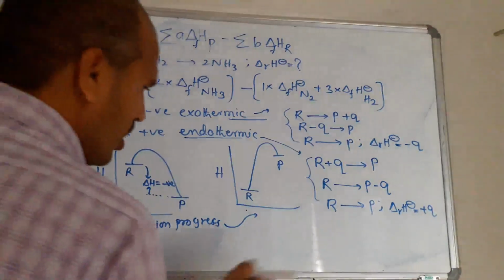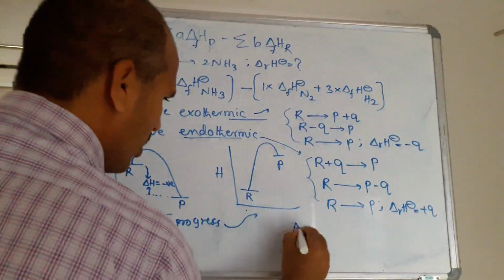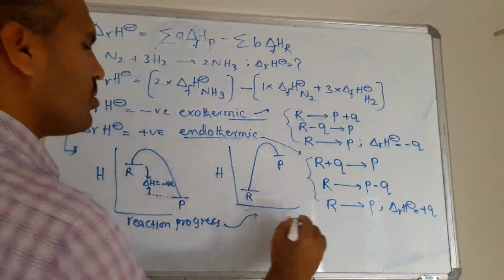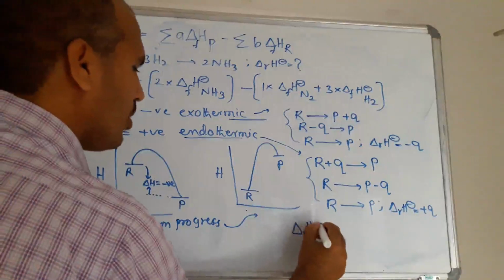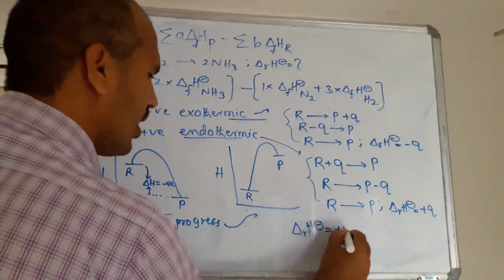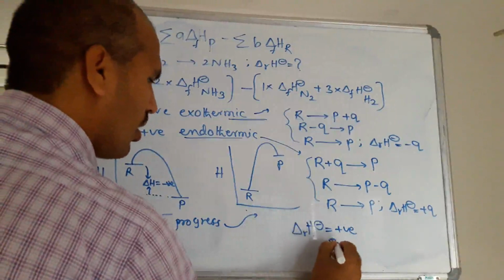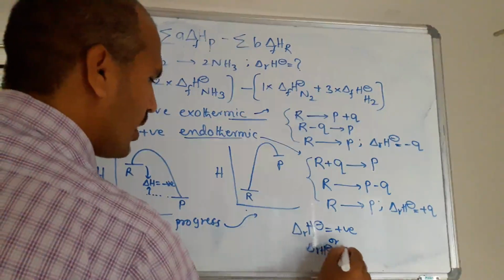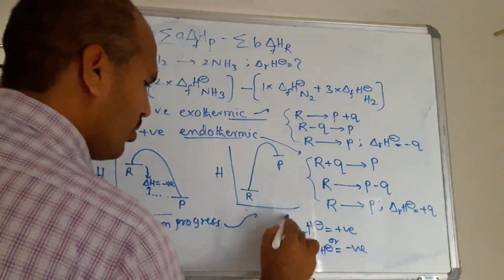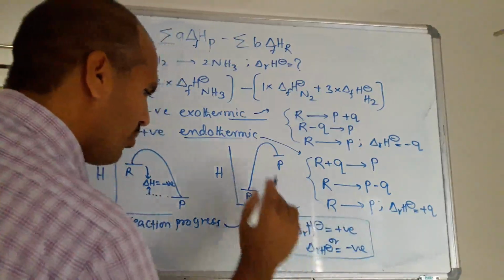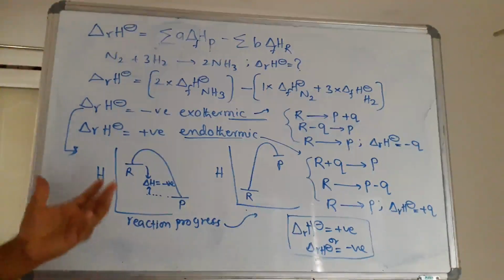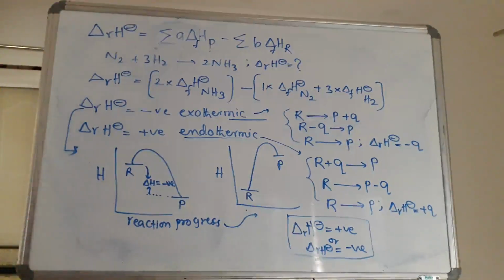So for competitive exams, you have to remember that enthalpy of reaction may be positive or negative. Positive means endothermic, or delta R H at standard may be negative, because a few reactions are exothermic and a few are endothermic.